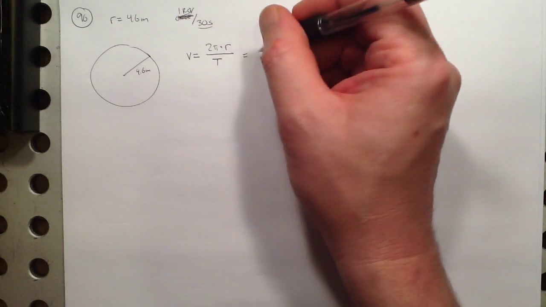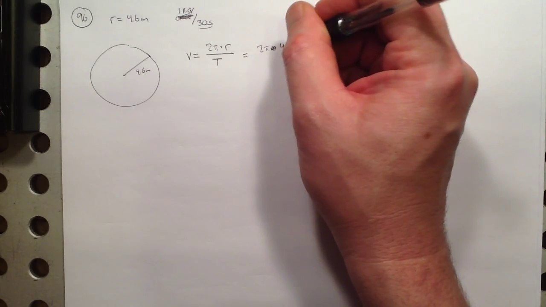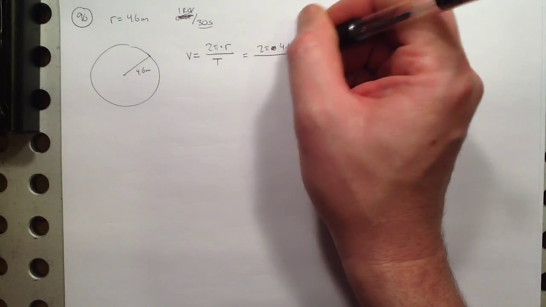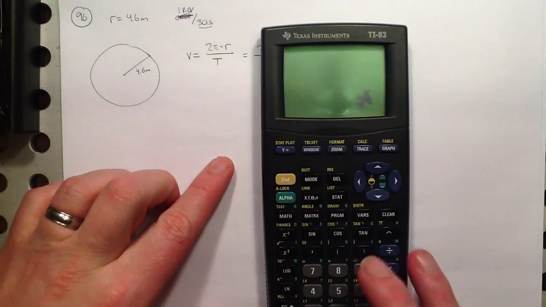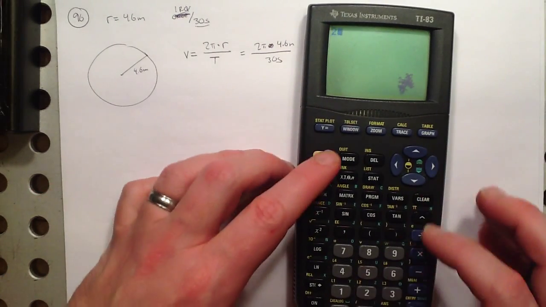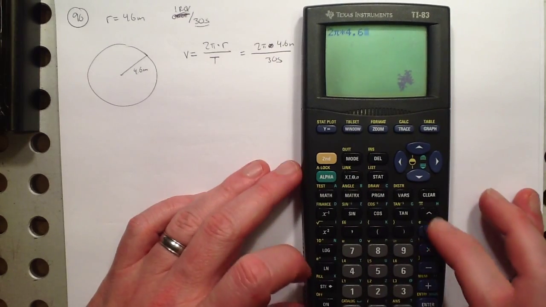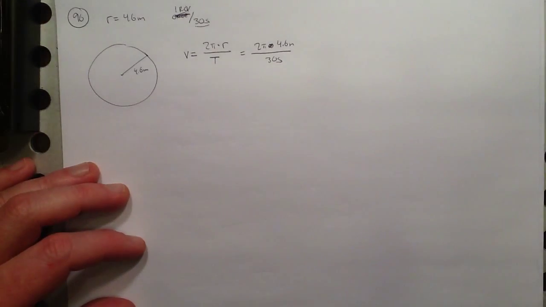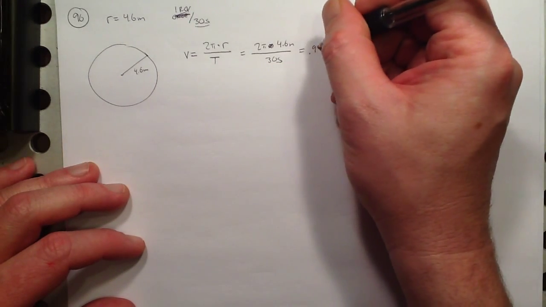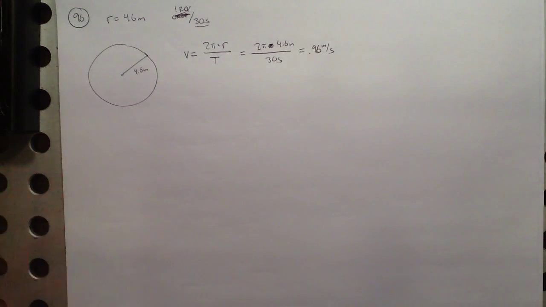So it'd be 2 pi r, r is 4.6 meters, over 30 seconds, so that's about 2 pi times 4.6 over 30, about 0.96 meters per second, right? And I think that's the answer for part A, isn't it?